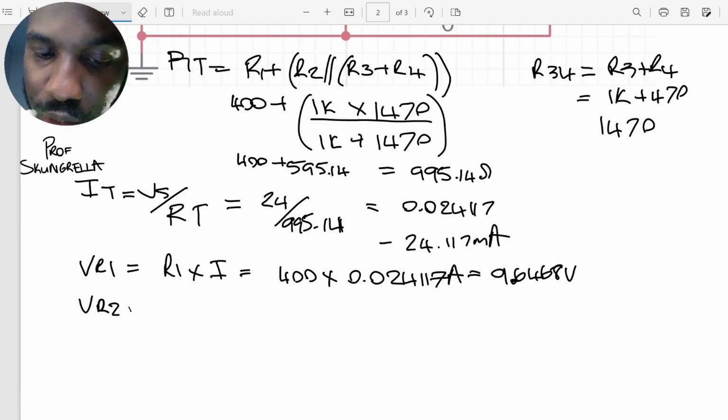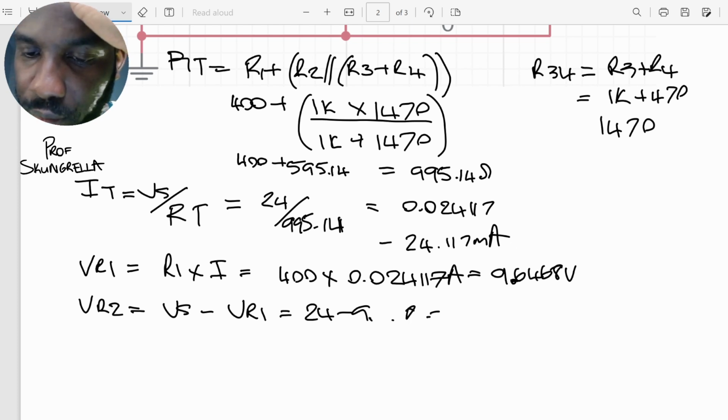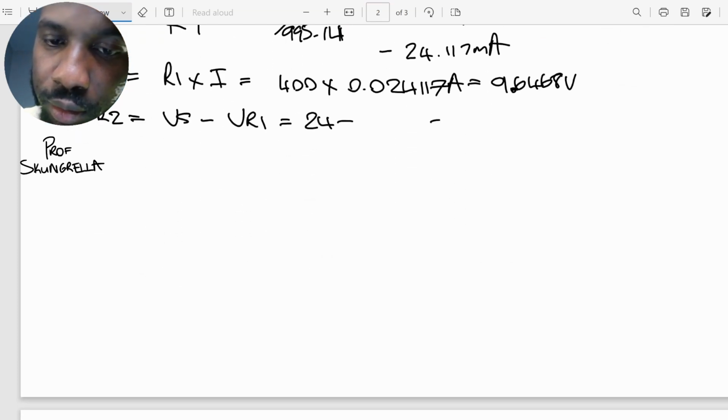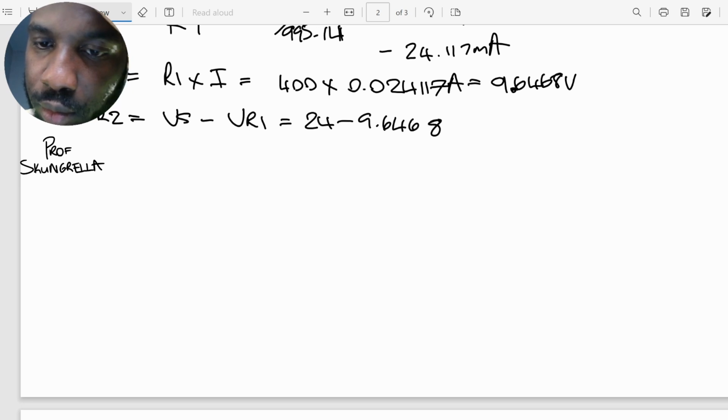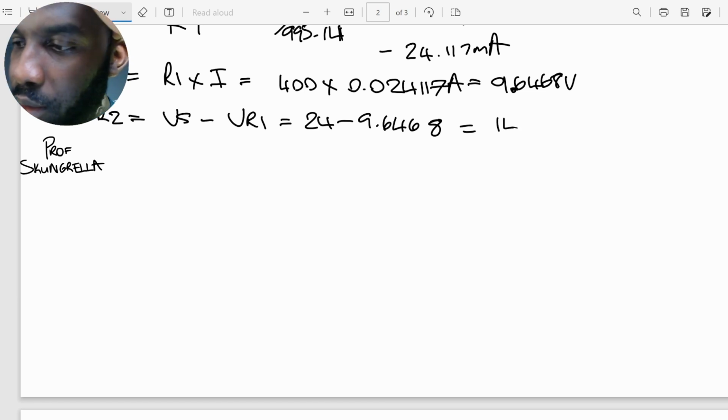VR2 is going to be equal to VS minus VR1, which is 24 minus 9.6468, which gives us 14.3532 volts.